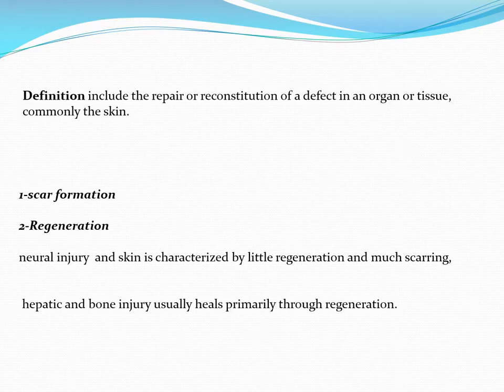To understand that well, we should know that the wound healing process is not a simple one-way repair. It is rather a spectrum of events, and it has many different ways of healing according to the tissue and according to the type of injury.